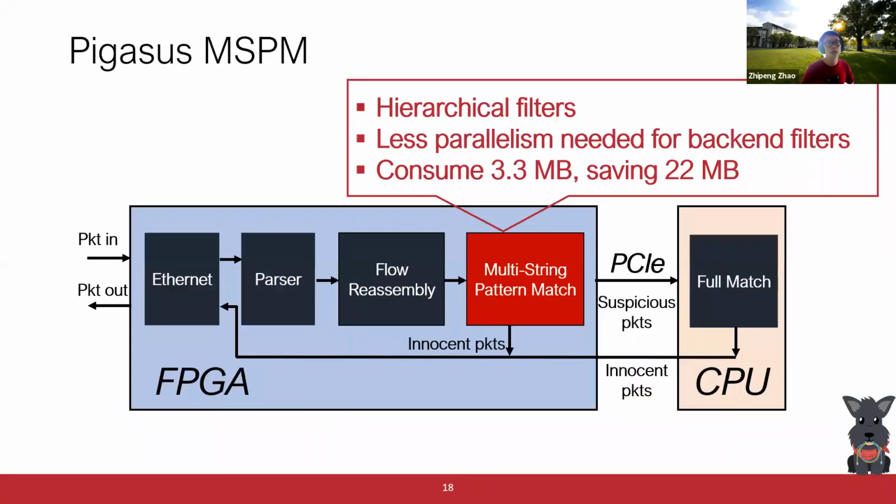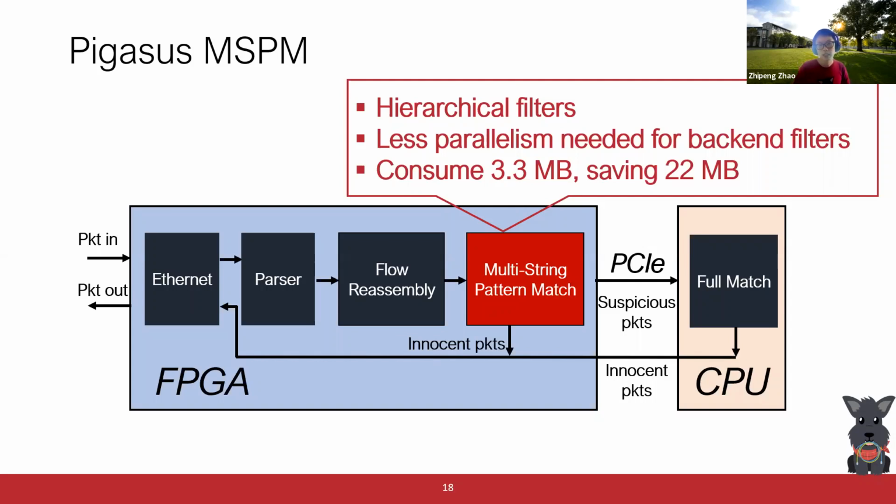Now let's move to Pigasus multi-stream pattern matching. The key takeaway of our approach is that we have hierarchical filters where we allocate enough replicas of the compact front-end filter to catch up with the 100 gigabit per second line rate.